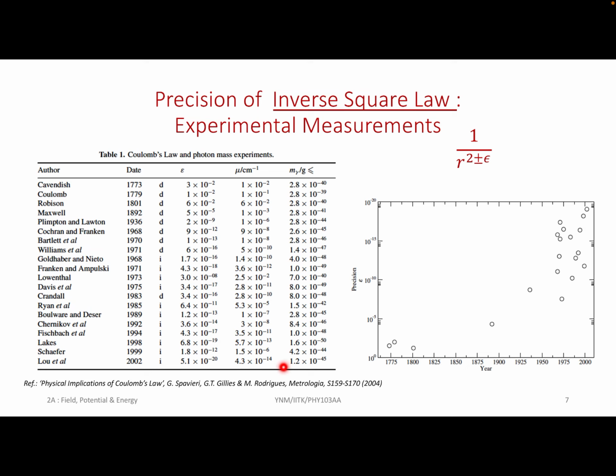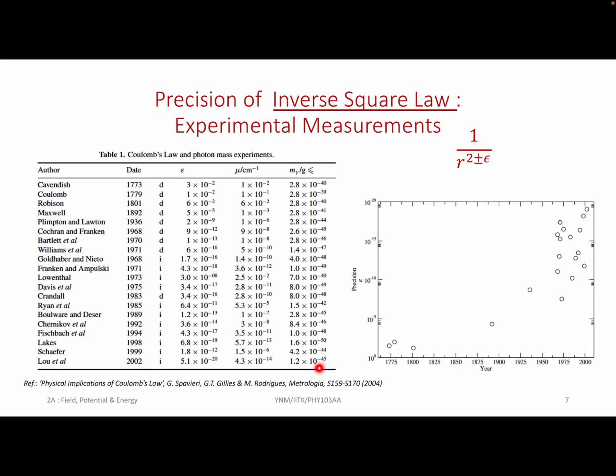How is that connected? Because the photon is the carrier of the interaction, in terms of particles. So if epsilon is 10 to the minus 20, then the mass of the photon is less than or equal to 1.2 times 10 to the minus 45 grams.